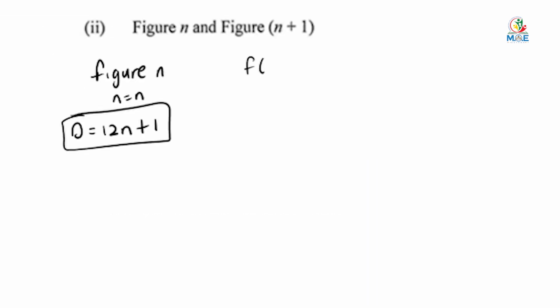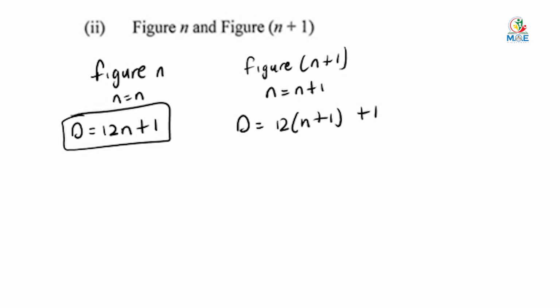And for figure n plus 1, in this case n is equal to n plus 1. So the number of dots will be equal to 12, instead of n, we'll have n plus 1, and then we plus 1 here.